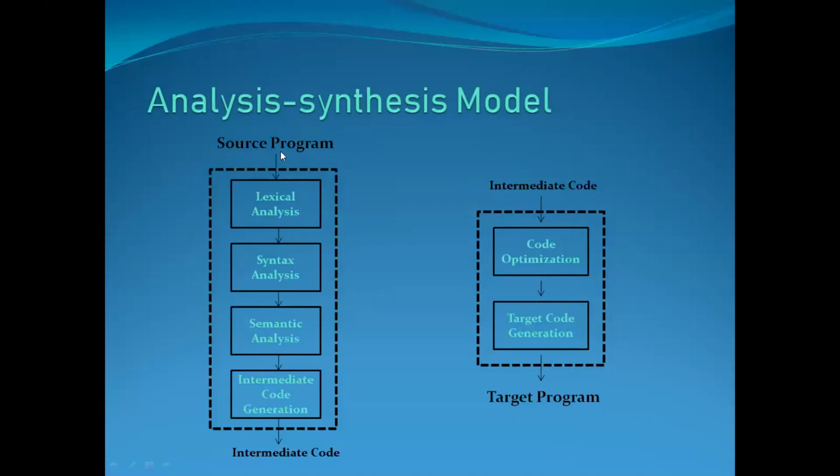So the conversion of source program into intermediate code through these 4 phases can be grouped as an analysis task. The next 2 phases can be grouped as a synthesis task. In this way, we can say the whole compilation process is an analysis-synthesis model.